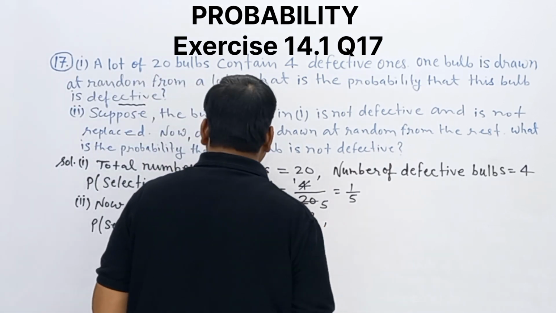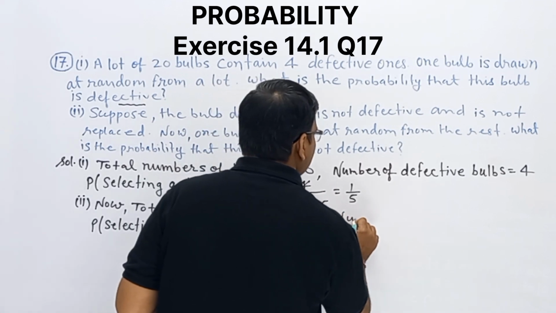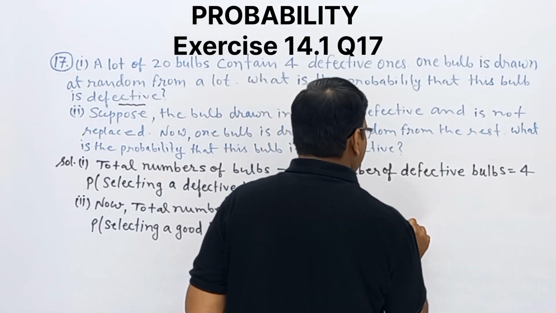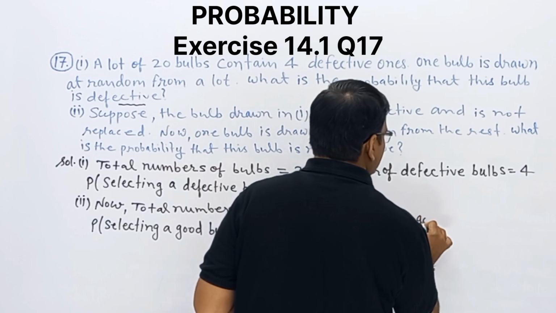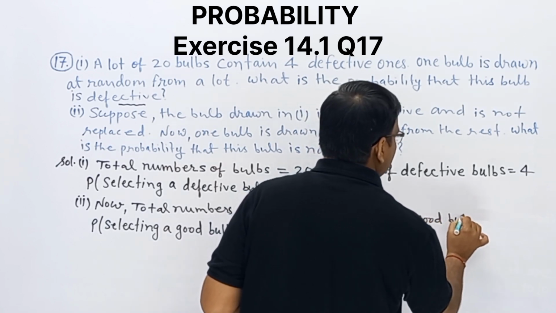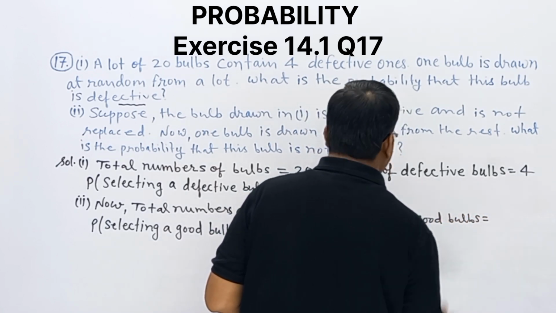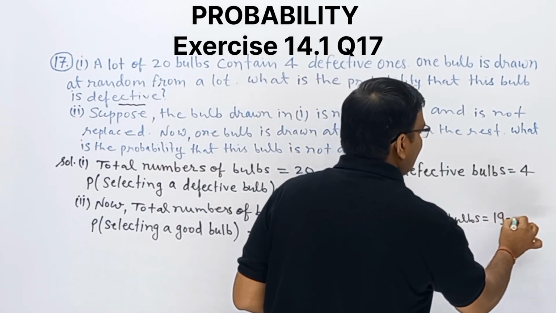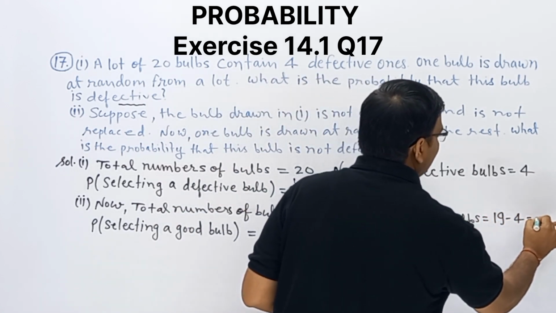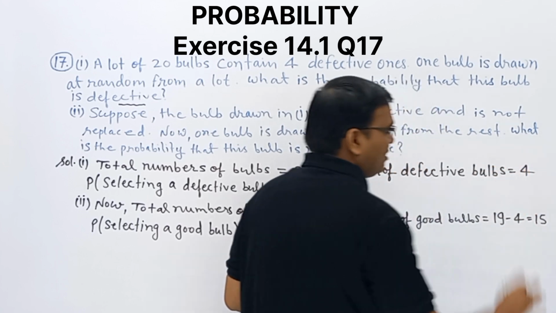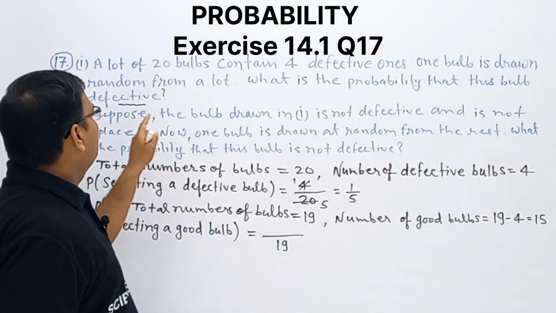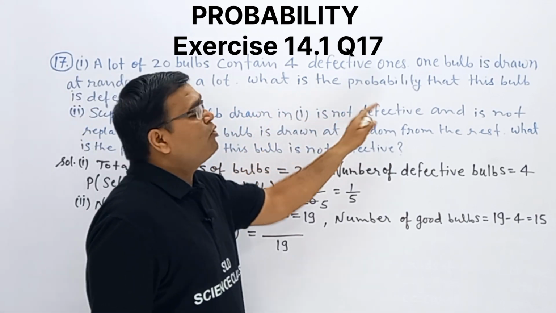So number of good bulbs equal to what? Total we are having 19 and 4 we are having defective, then we are getting what? 15. Clear? Why? Because bulb drawn in one is not defective.